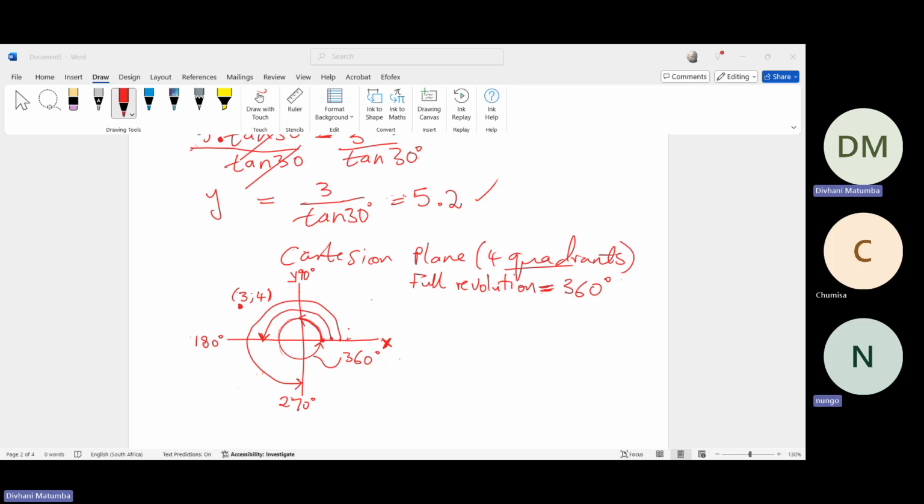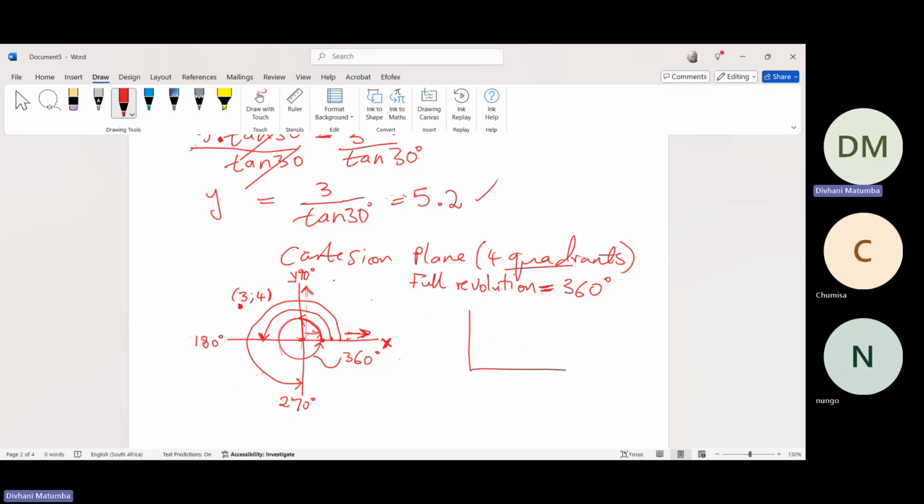Do you agree that this is where the values of y are positive in this direction? Nungo, do you agree? Yes. Kumisa, do you agree? Yes, sir. The values of y are positive, because if you are going upwards, you are going in the positive direction.